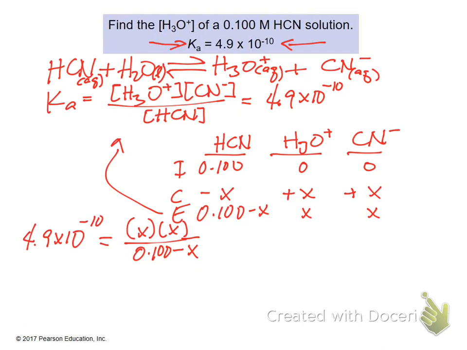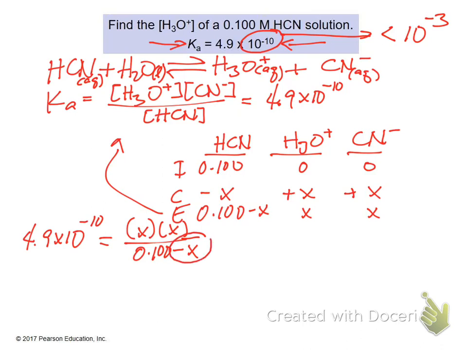Okay, and here's the shortcut. When you see that the Ka value is less than 1 times 10 to the negative 3, you can drop the x, right?